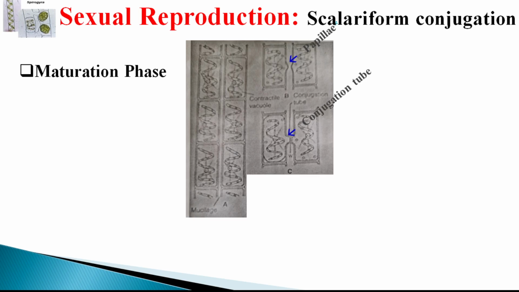The conjugation tubes later elongate and push apart the two conjugating filaments. This happens due to the formation of the conjugation tube, pushing away the filaments. And due to this, a ladder-shaped arrangement of the filaments starts to appear.